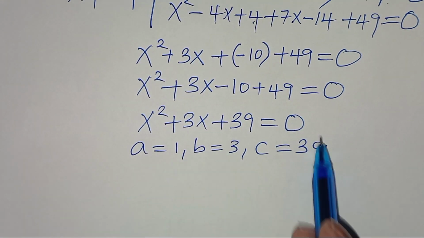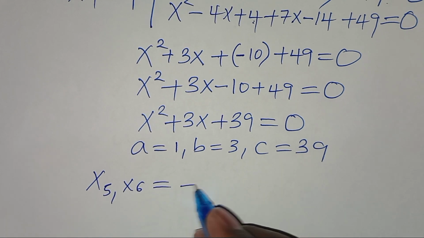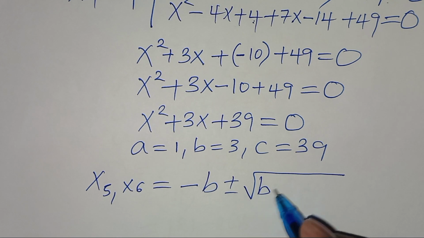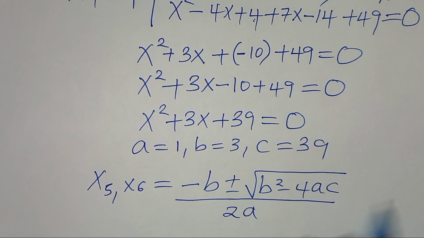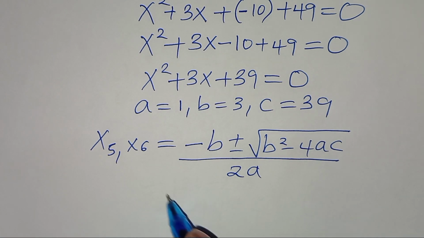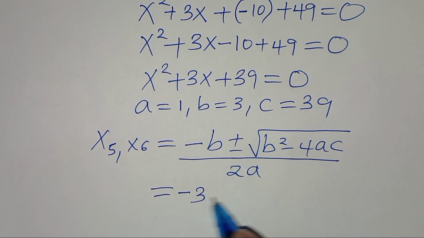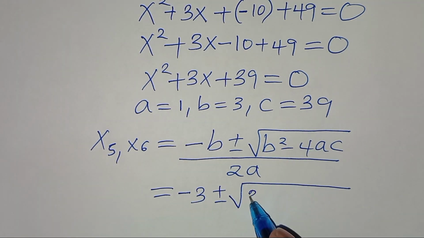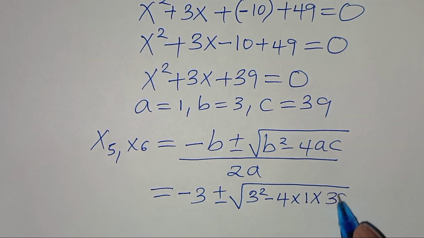So to solve for the values of x, that is x5 and x6, we apply the quadratic formula, which is negative b plus or minus the square root of b squared minus 4ac, all this divided by 2 times a. The next step here, let's substitute the values of a, b, and c. So we'll have negative 3 plus or minus the square root of b squared, which is 3 squared, subtract 4 times 1, okay, times c, which is equal to 39.